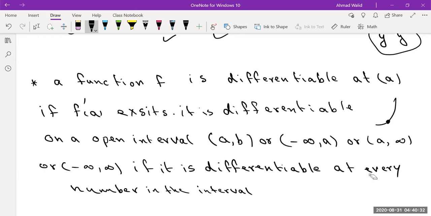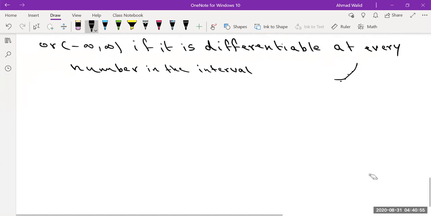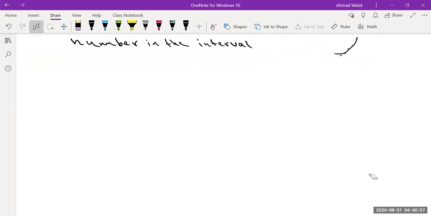If it is differentiable on a b, it means if this is my curve, at any point of this curve my function can be differentiable. It means my function is continuous, right? If I have a hole, or a gap, or an asymptote, then at that point I cannot find the derivative, correct? That should be continuous.